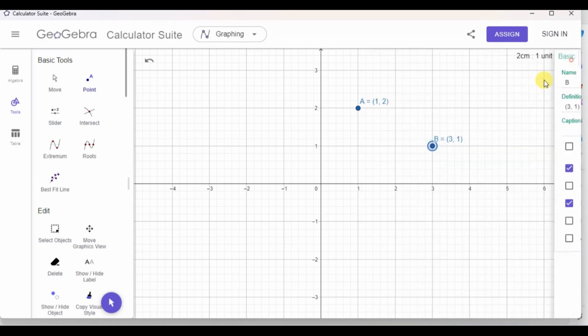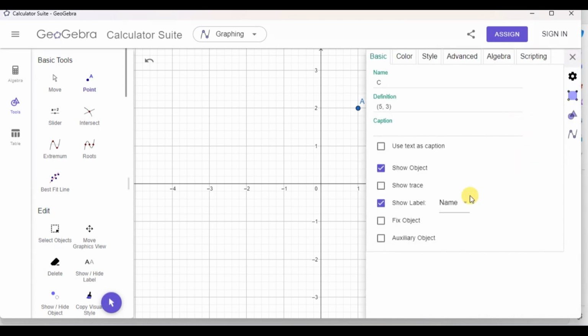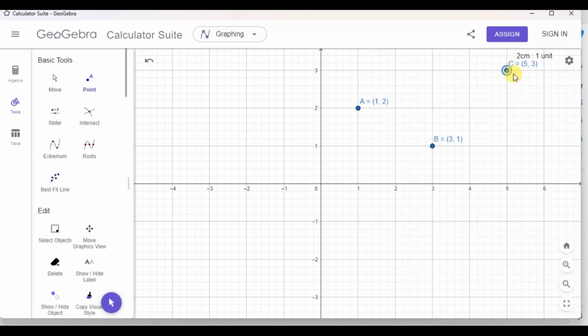Name and the value. Now we want to draw a triangle, right? So we want to get the third value. So let's say 5, 3. 5, 3 will be here. So I get that one too. Clear. All right, 5, 3.